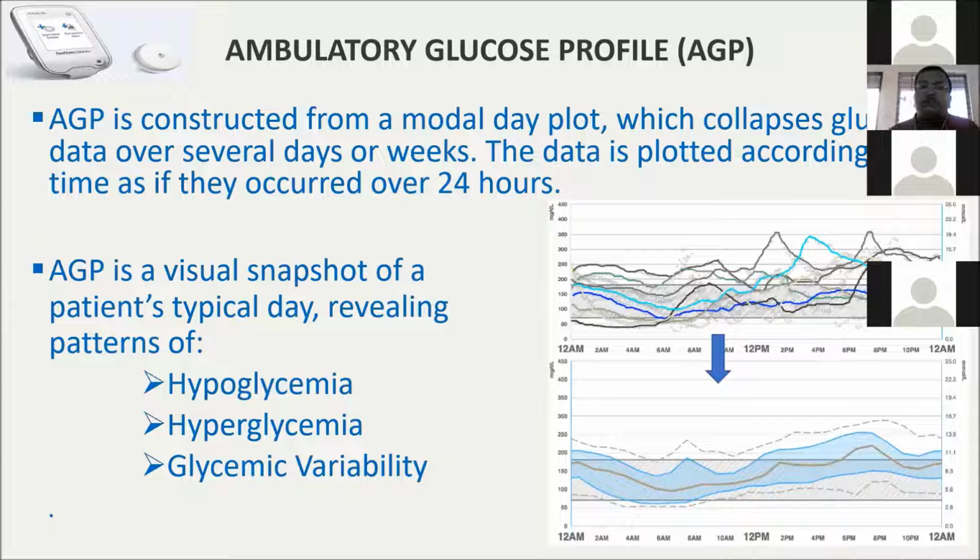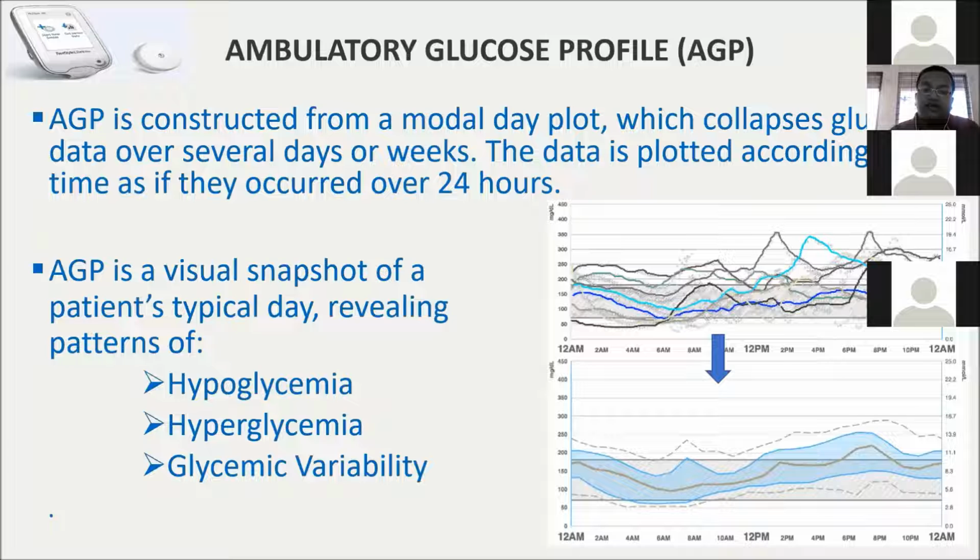It's a visual snapshot of the glycemic data and its descriptive parameters. Why is it important? It's important to know about certain features which we are all concerned with during treatment: the rise and the fall, the variation which happens.